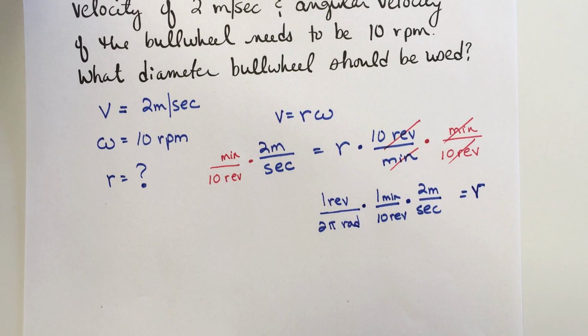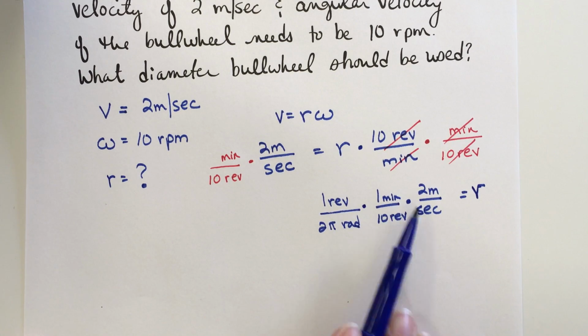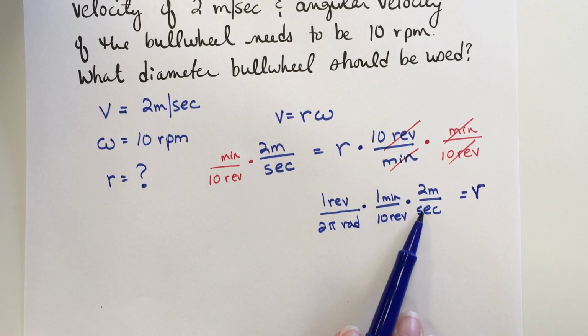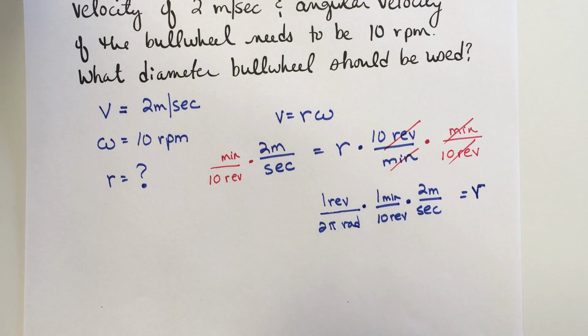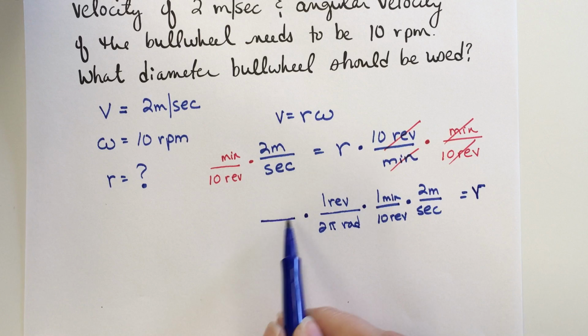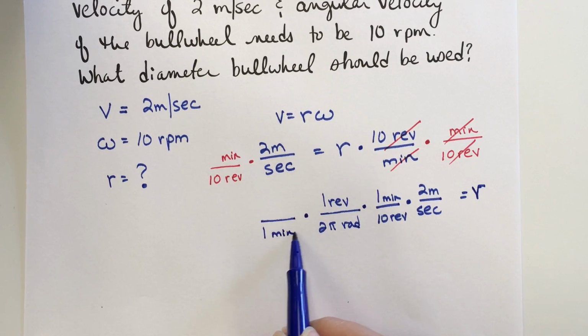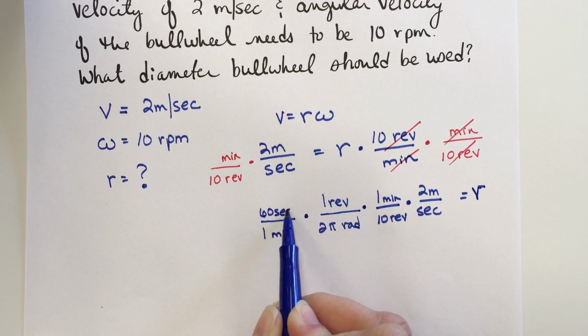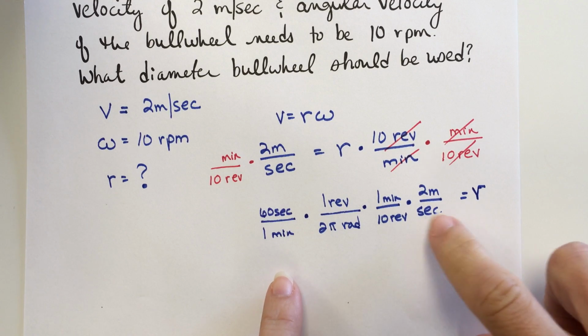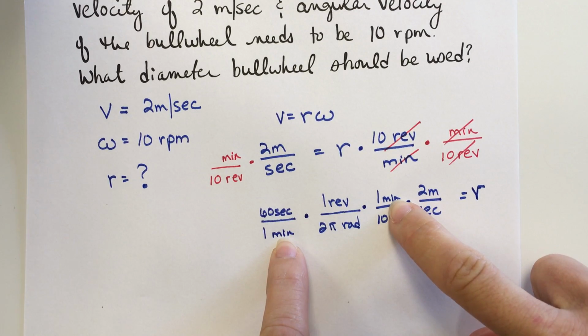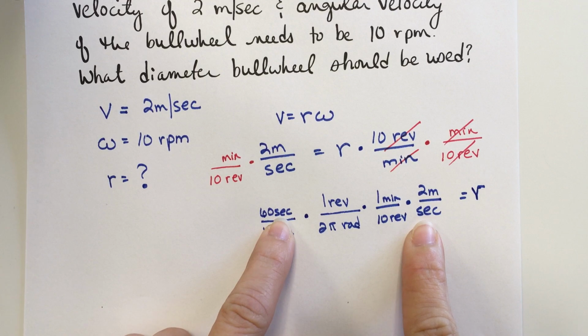The other issue is the time. I need both of them to cancel, because finding radius doesn't involve time at all. So I need to get minutes and seconds to cancel, so we know there's 60 seconds in 1 minute, but you would need to put the minute on the bottom and the 60 seconds on the top. See, that will make the minutes cancel out, and that'll put the seconds.